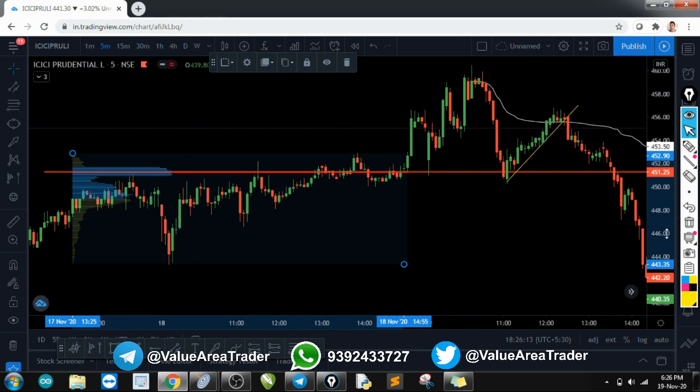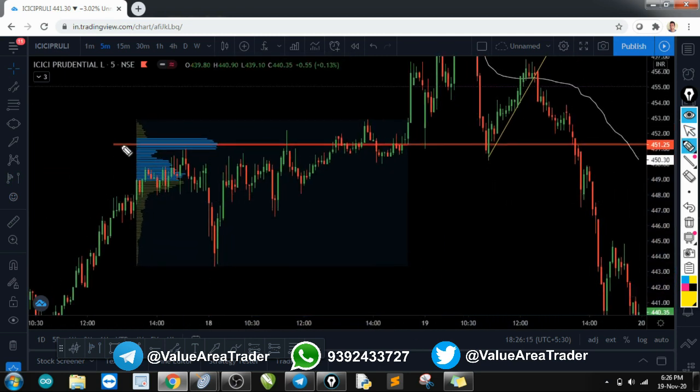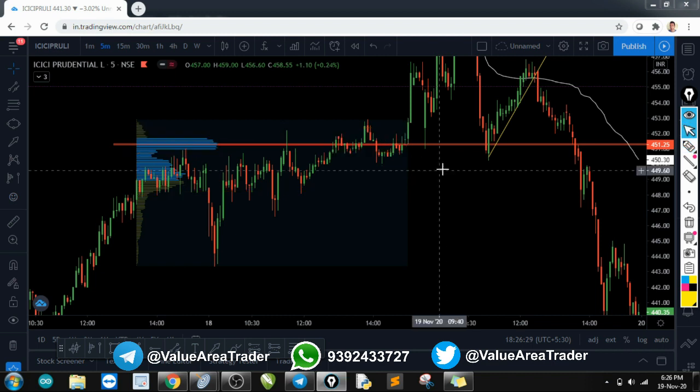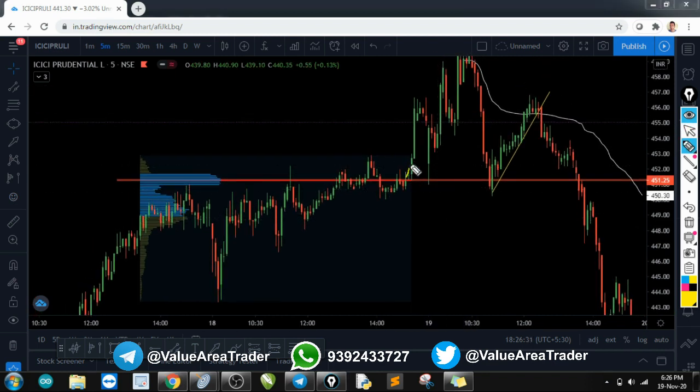You can clearly see in this particular area the maximum buying, the maximum traded area, was here. This was the area where the maximum positions were built, and from that position price went up, retested once, went up, and today again it came back here, and that was the moment when I gave you the trade.